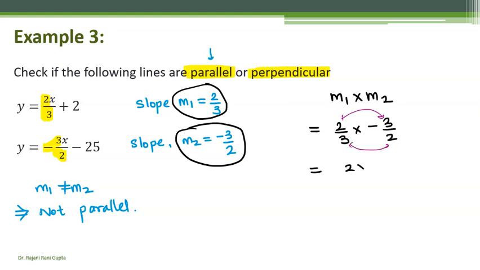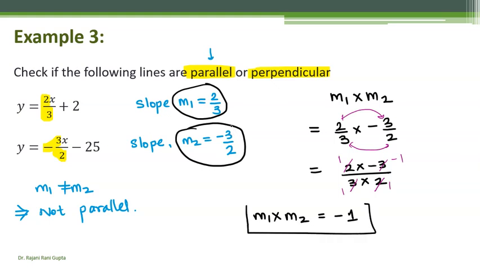So this gives you 2 times minus 3 divided by 3 times 2. We have 2 in the numerator and denominator, so we can cancel. Similarly, we can cancel 3. When we cancel 2, we are left with 1. When we cancel 3, we are left with minus 1. So we get minus 1. What we obtained, m1 cross m2, the product of two slopes, as minus 1, which is the property of perpendicular lines. So we say that the lines are perpendicular.